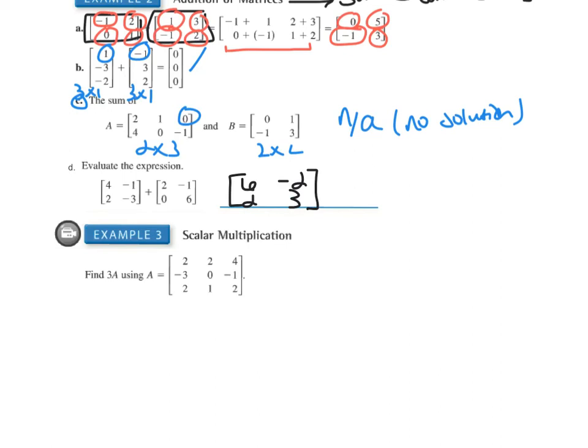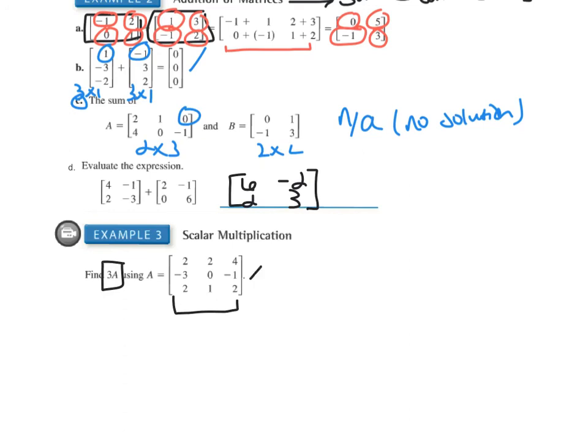Hopefully you're good there. The last thing we're going to do is scalar multiplication, much easier than regular multiplication for matrices. Unfortunately, with matrix multiplication, you can't just multiply the parts. So we're going to go through that next class. But if they want you to find 3A, what do you think they want you to do with all of the values in A? That's right, just multiply them by 3.